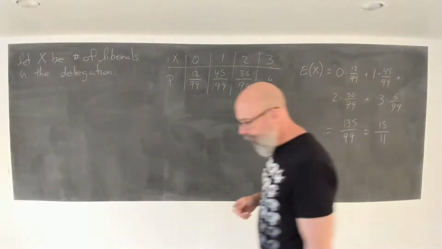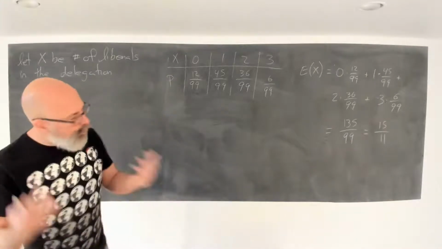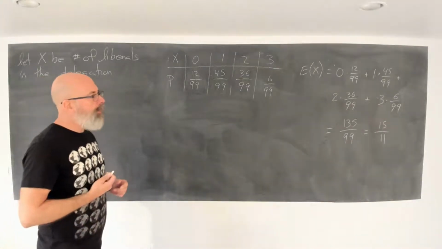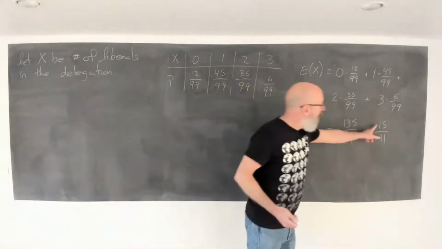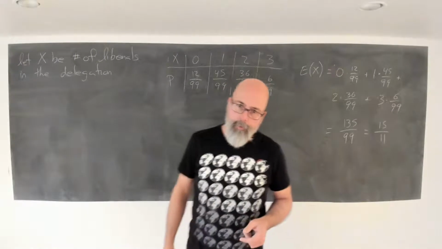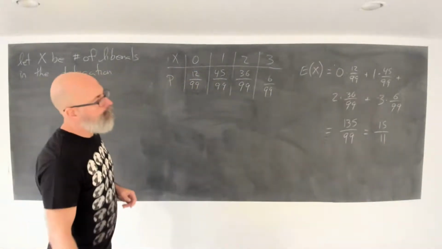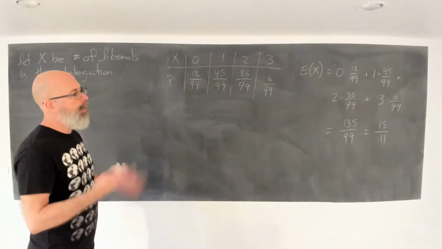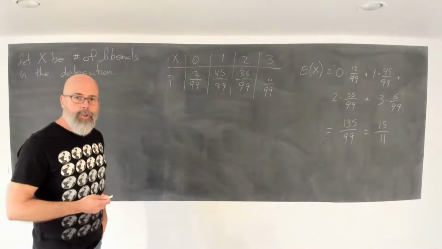Or equivalently, if you chose 11 delegations at random, you would expect 15 liberals in total. So that's why we say the expected value is a weighted average.